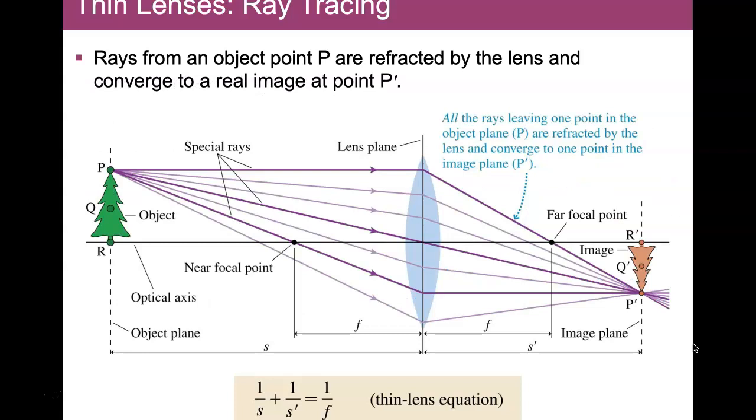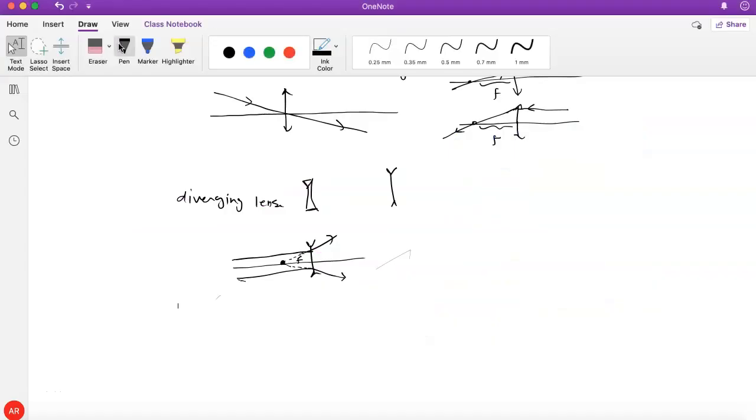So now these rules are the basis of figuring out where the image of an object forms and how large it is. Is it inverted or not, etc. So that's ray tracing. Basically, by looking at a bunch of particular rays from different points of an object, one can construct the image.